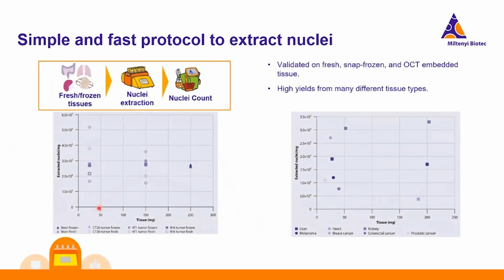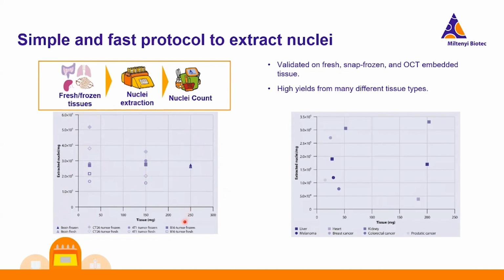As already mentioned, you can use fresh or frozen tissues or OCT embedded tissues for this workflow. The input material can range from 250 milligrams, but can go down to 25 milligrams or even less, and you are still able to isolate quite a high number of nuclei.